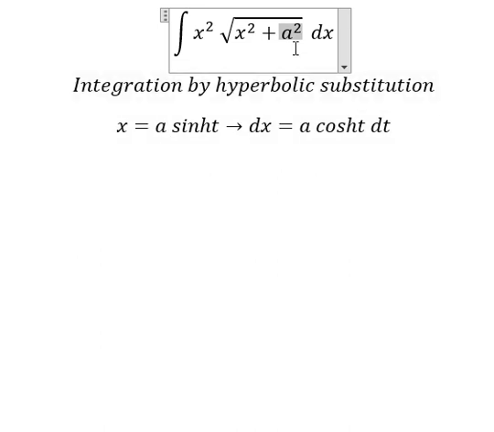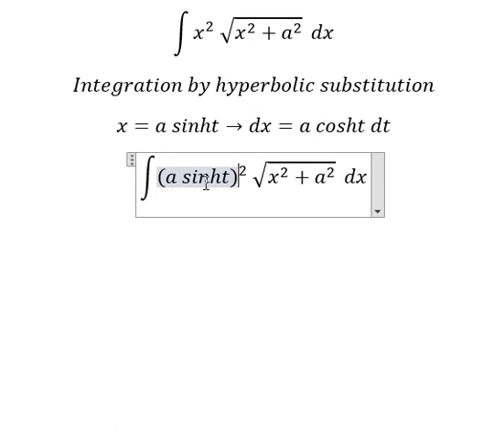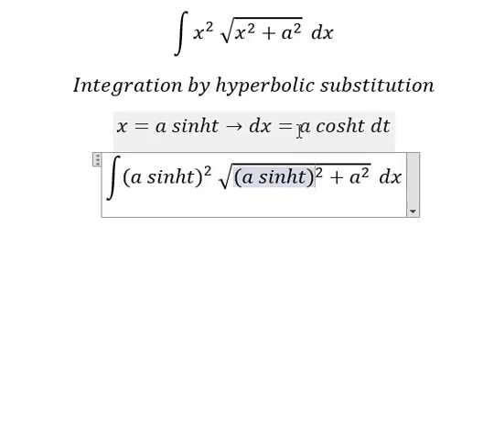We can do factorization: sin t squared plus 1 gives cos t squared, and later we simplify the square root. So I will put this one here and here. The x we change for this one.